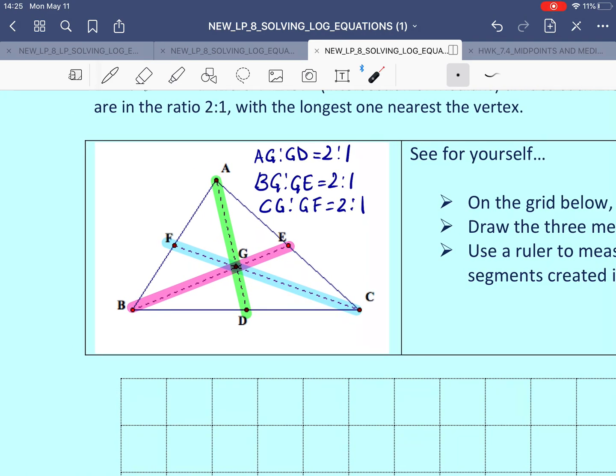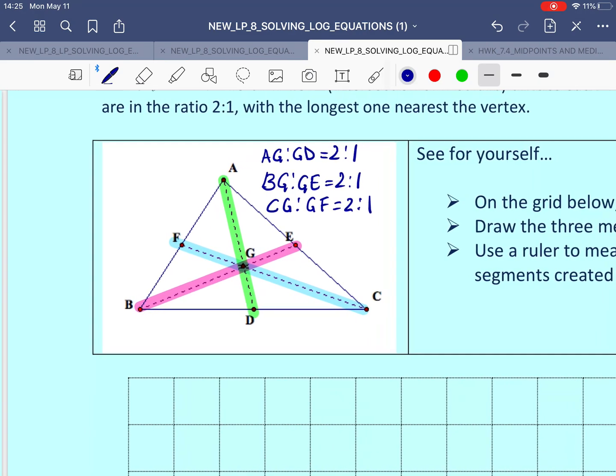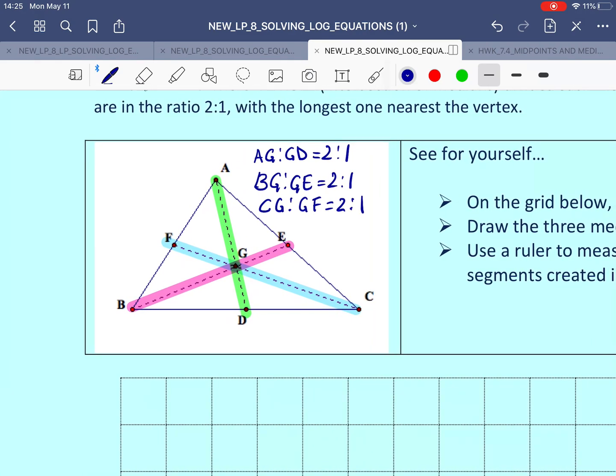Now, let's take a look at some numbers because numbers kind of make it easier for us to understand how this theorem works. So suppose that AD is 12 centimeters.